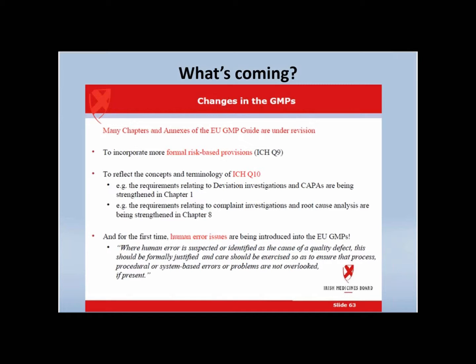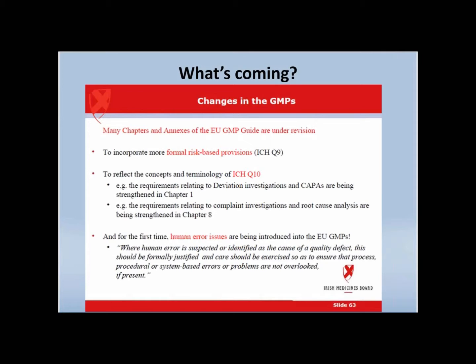I wanted to emphasize this part of the regulation because there is something very important in this statement. Basically, it says that quality has to make sure that no errors have occurred, and if errors have occurred, they have to be fully investigated.